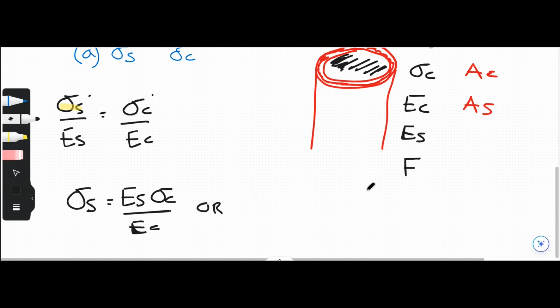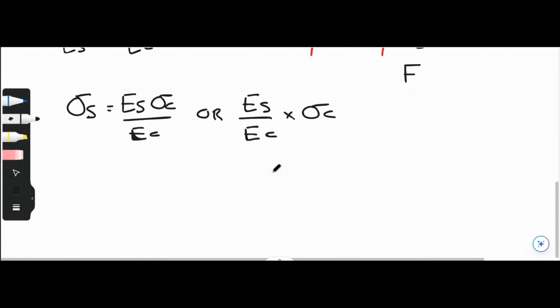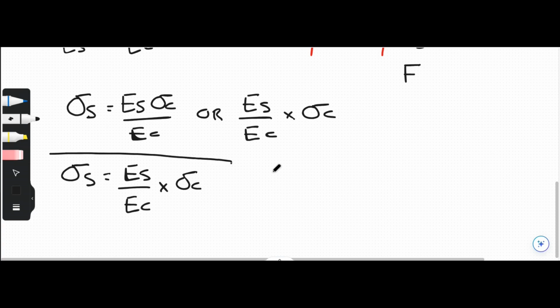Or, to make it look a bit better, Young's modulus of the steel divided by Young's modulus of the concrete, times stress in the concrete. It's the same thing. So now I've got a term for my stress in the steel, which I might be able to use. I know these Young's moduli. All I've done there is rearrange the formula.